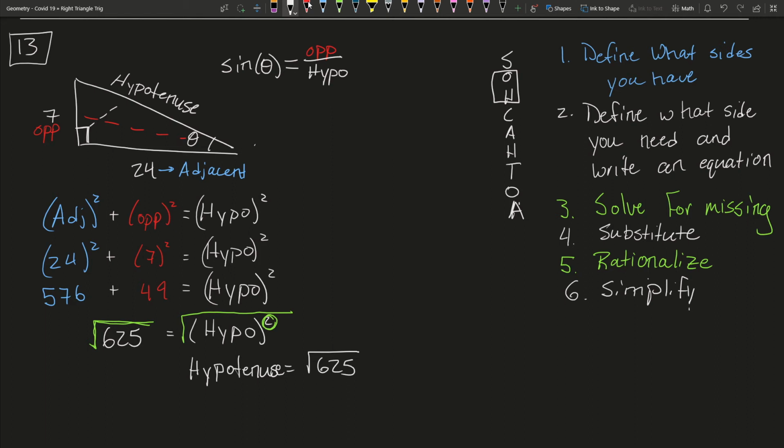And if you didn't have a calculator, we would want to make a factor tree. Okay. So we would take 625. Let's scroll down just a little bit.